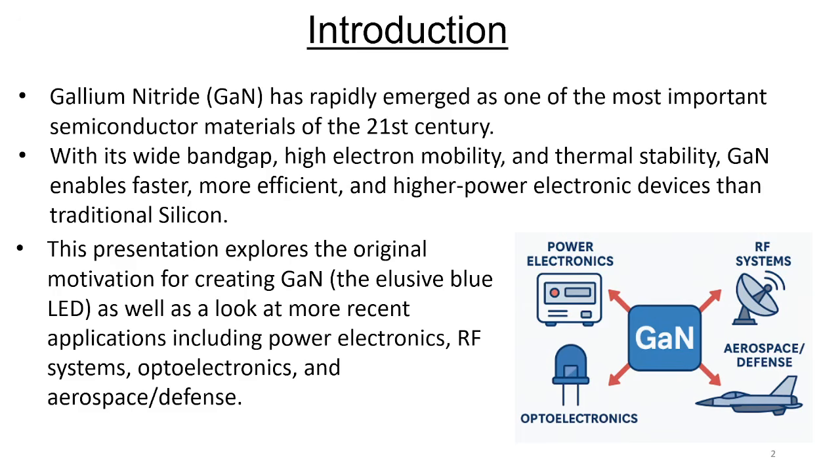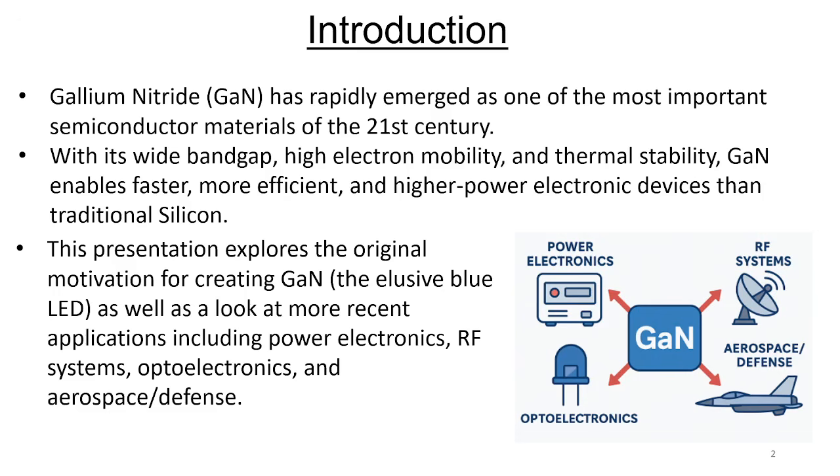So gallium nitride is rapidly emerging as one of the most important semiconductor materials of the 21st century. With its wide bandgap, high electron mobility, and thermal stability, gallium nitride enables faster, more efficient, and higher power electronic devices than traditional silicon.